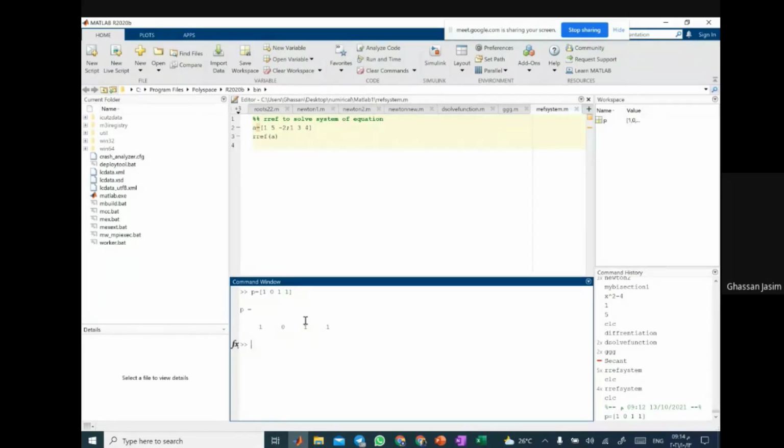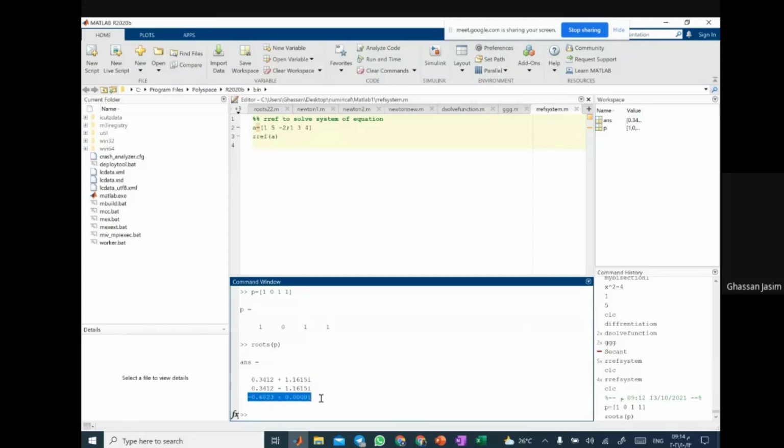Okay, this is B. Let's find the roots. Look, what did it give us? Look at this. It gave us 3 numbers.